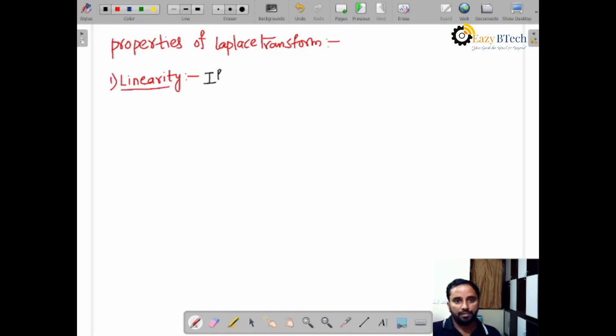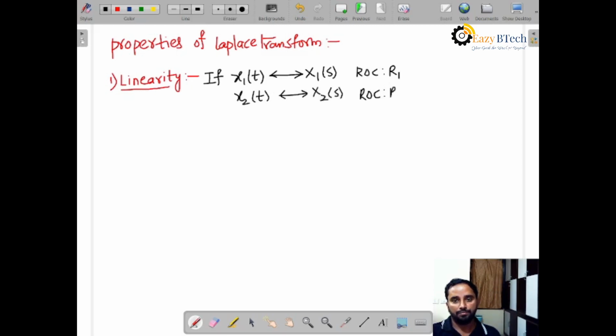If x1 of t Laplace transform is x1 of s, and ROC of this is R1, and x2 of t Laplace transform is x2 of s, and ROC of this is R2, then A x1 of t plus B x2 of t, linear combination of x1 and x2, this is called.